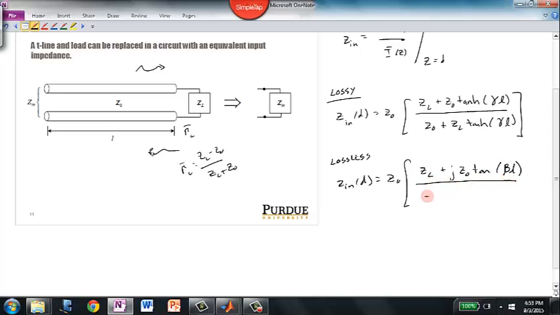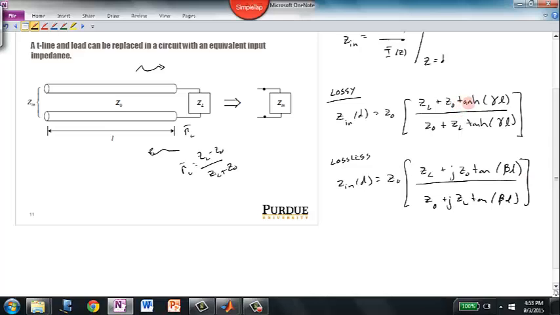And in the denominator, it looks pretty similar: Z0 plus j ZL tan(beta L). So those are the two formulae.